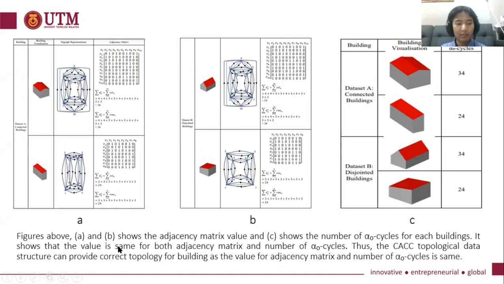It shows that the value is the same for both the adjacency matrix and the number of alpha 0 cycles. Thus, the CSCC topological data structure can provide correct topology for buildings, as the value for the adjacency matrix and the number of alpha 0 cycles is the same.